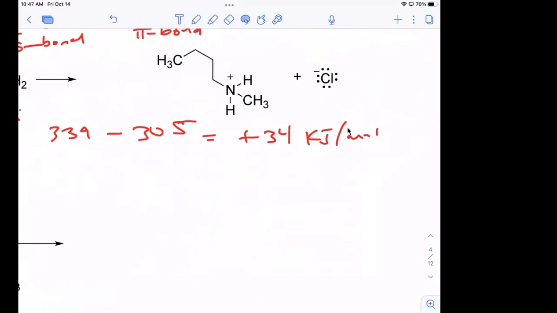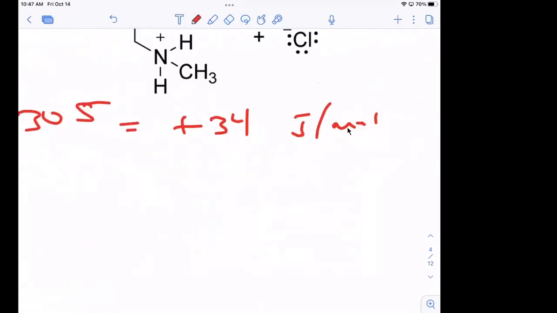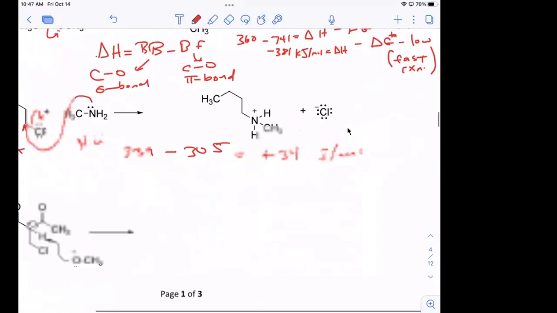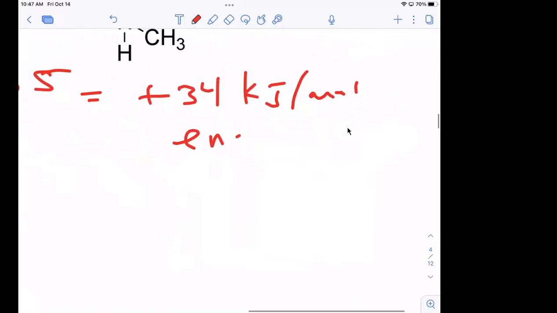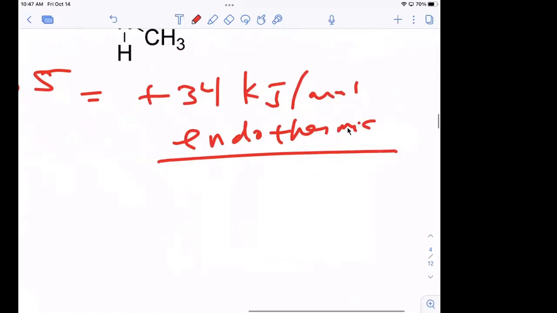But we know once we calculate that, we can estimate everything else. So what is the activation energy? First of all, is it exothermic or endothermic? Endothermic. Not highly, but it's endothermic.